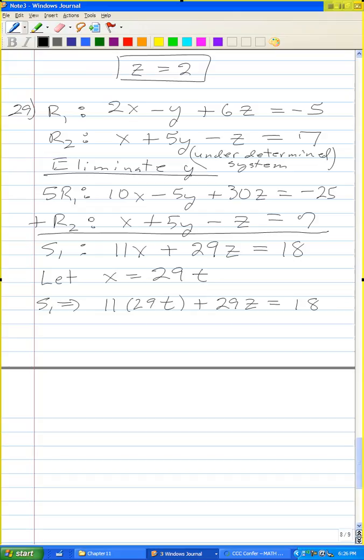Okay, so actually, let me just call it t. I changed my mind. Let x equal t. So I get 11t plus 29z is 18. And so let's subtract 11t from both sides of my equation.